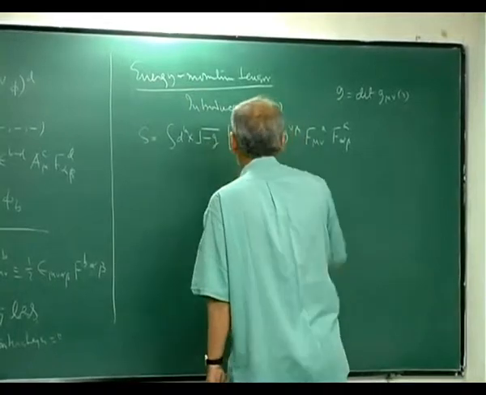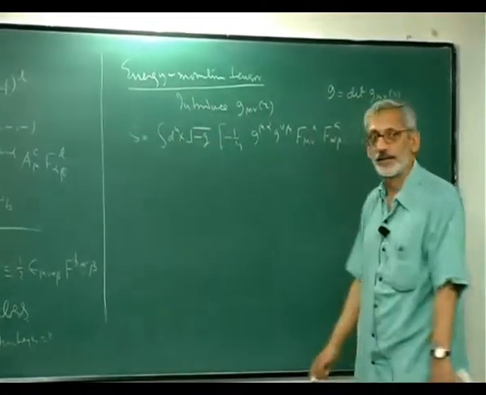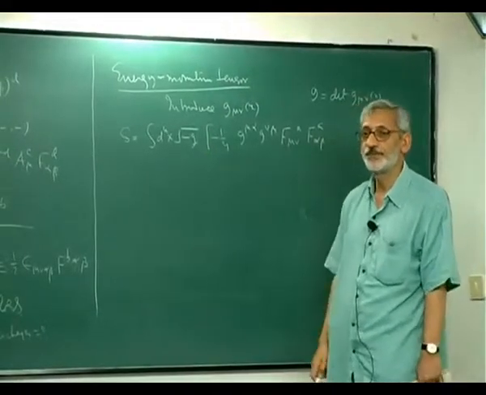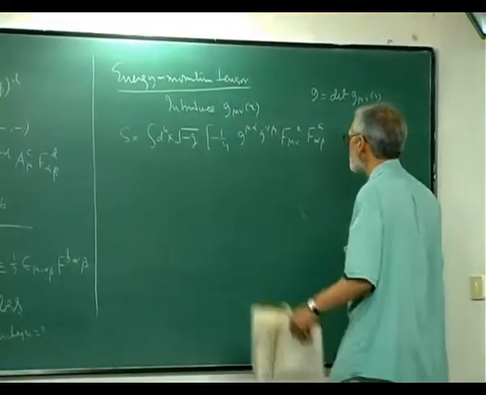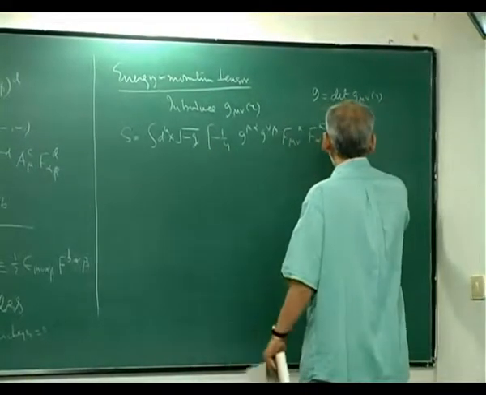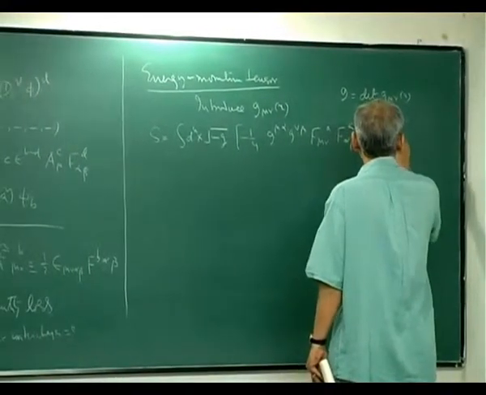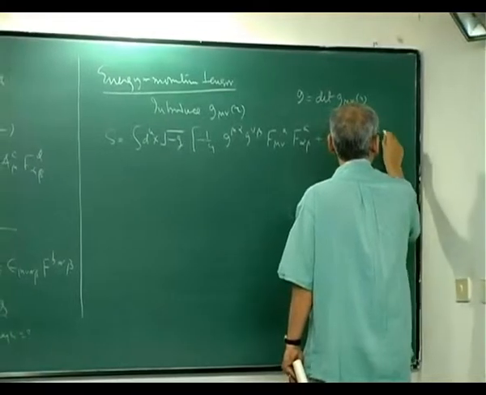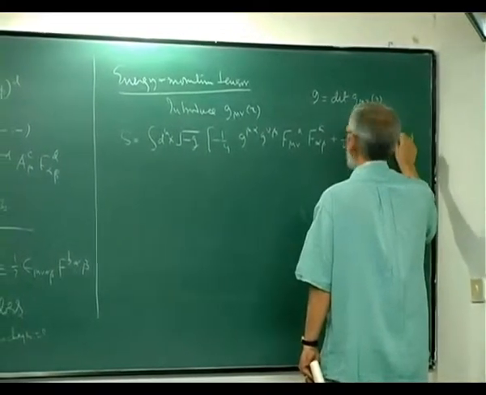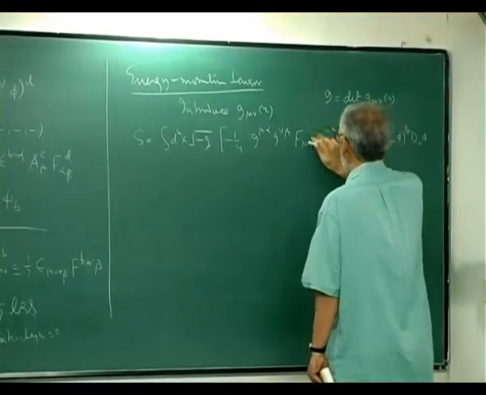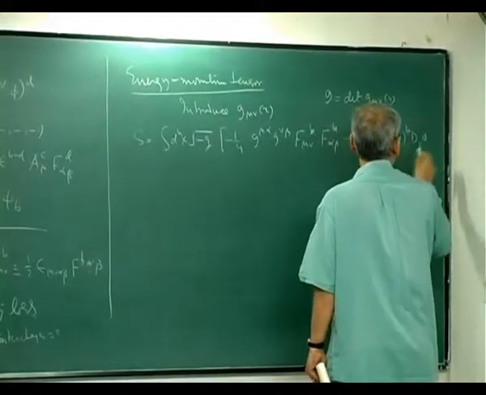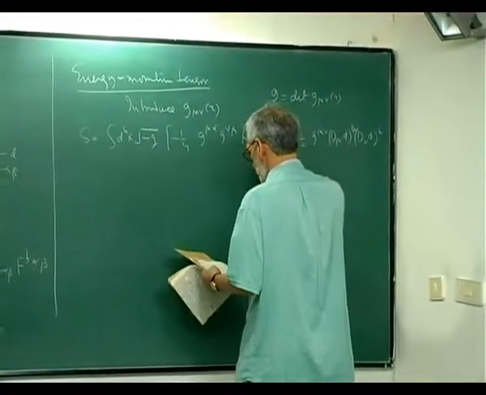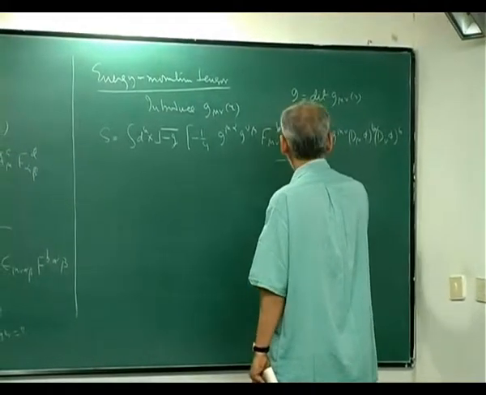And minus G because the determinant of this metric is negative. So you put minus G in the square root. And then we have 1/2 G mu nu d mu phi A d nu phi B, and then minus V of phi.